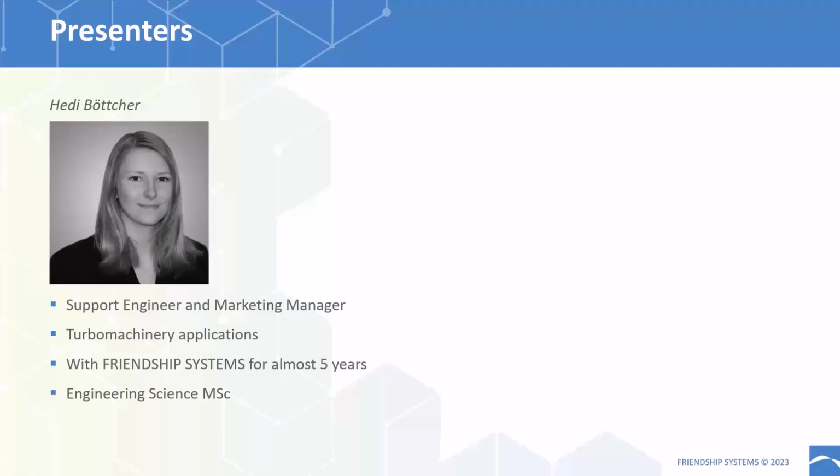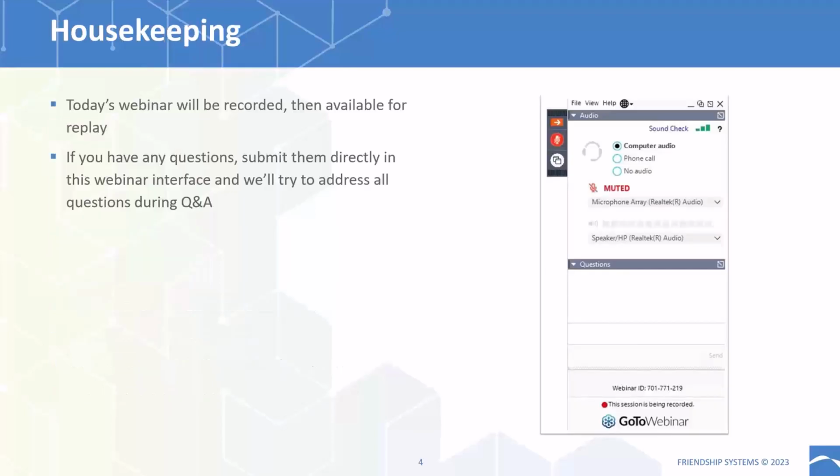And also we have with us today Hedi Böttcher. Hedi is a support engineer and marketing manager. She is also specialized in turbomachinery applications, and she's been with Friendship Systems for about 5 years and holds a degree in engineering science.